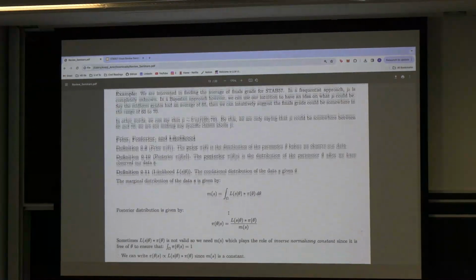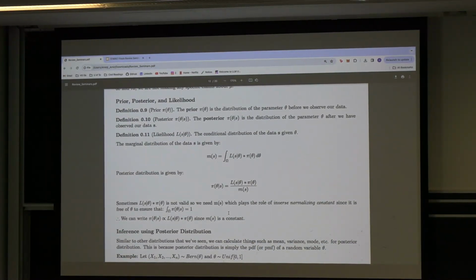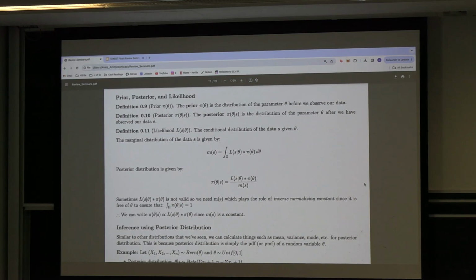You can read the idea later once the document has been shared, but let's go through some definitions. The prior is the distribution of the parameter theta before we observe the data. For example, for the height we can say it's distributed uniformly between 150 to 170.